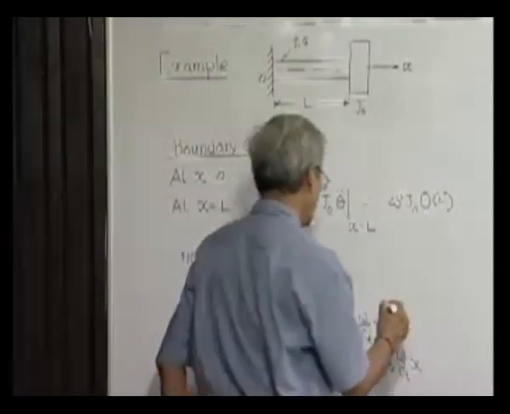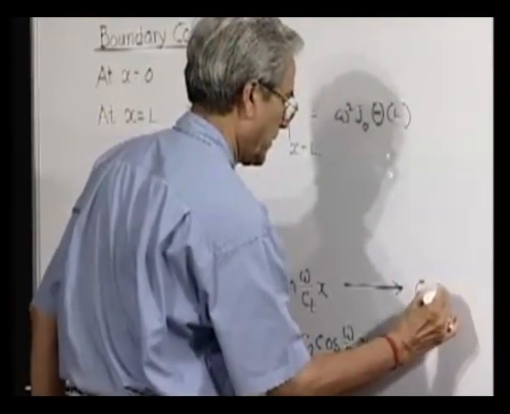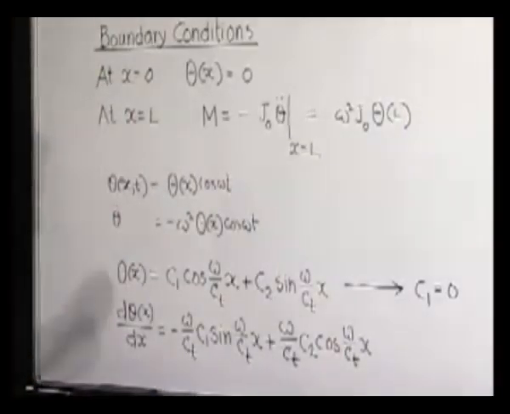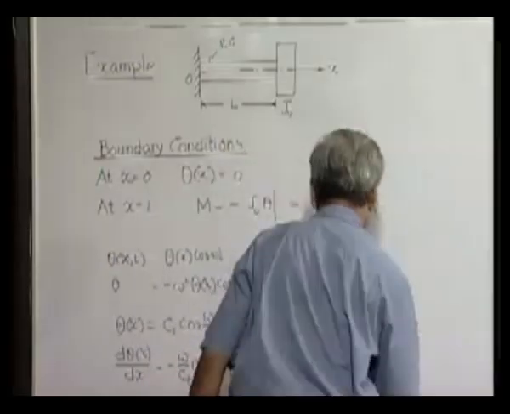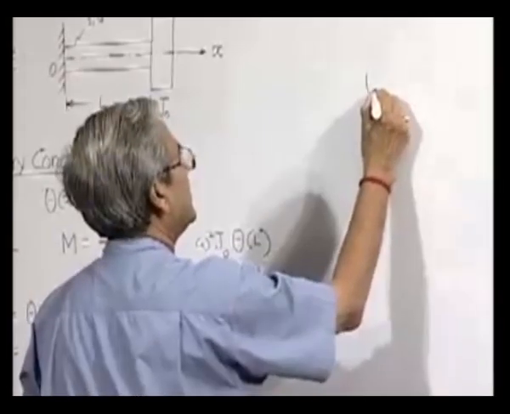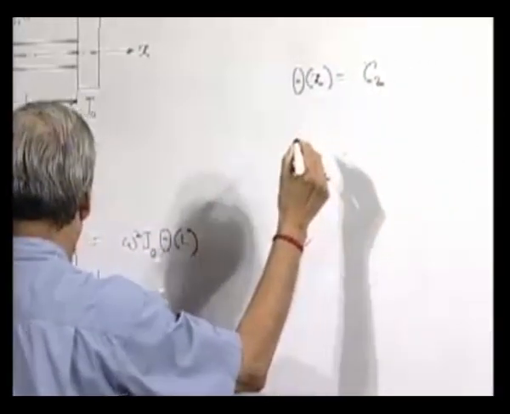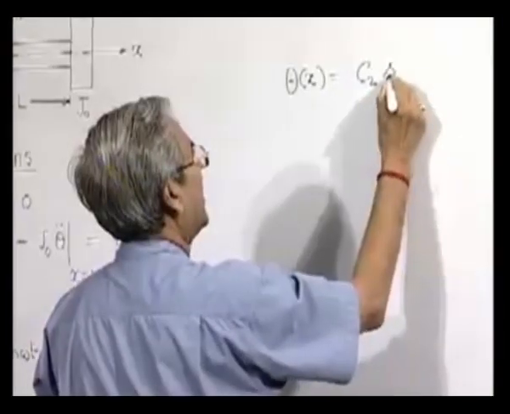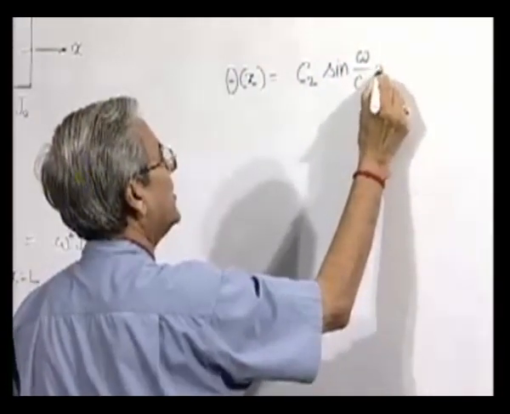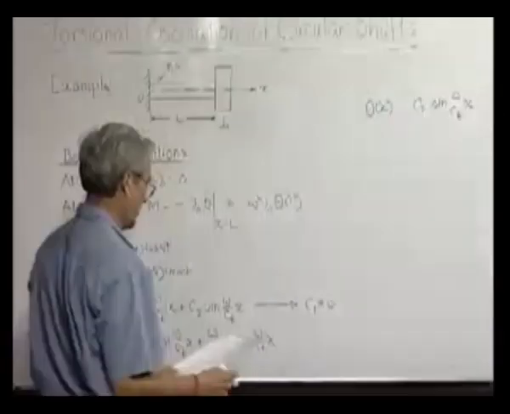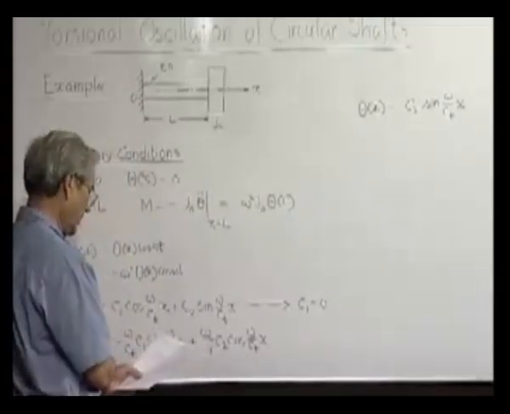That means C1 is 0, and therefore we will have theta x as simply C2 sine in this form.